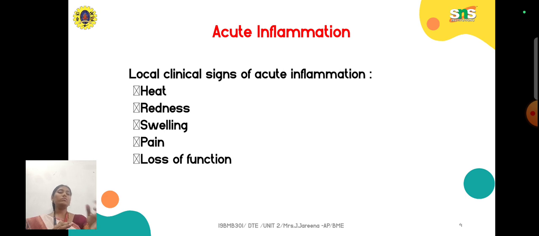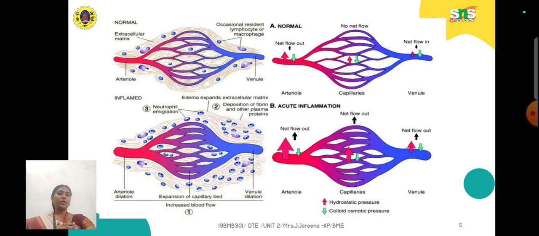Through that, the signal goes to the brain, so the brain perception will be there. As a result, you have the sensation of pain and loss of functionality. Based on the severity of the damage, there can even be cell functionality loss. These are the signs you can see during acute inflammation. If you see the diagram here, the first two diagrams are all about the normal case.